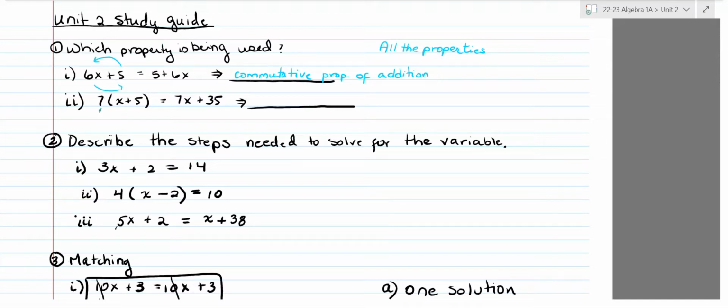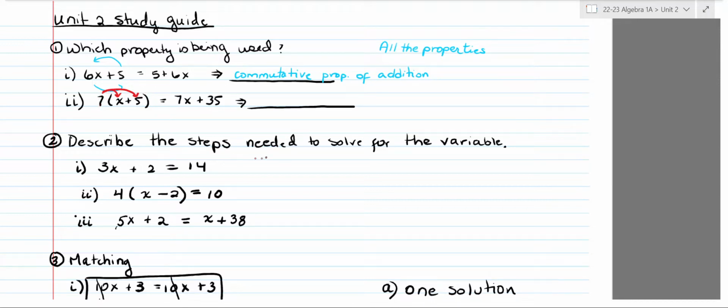The next one is 7 parentheses x plus 5 parentheses, equals 7x plus 35. It looks like what happened here was that they distributed the 7 into both terms inside of the parentheses.